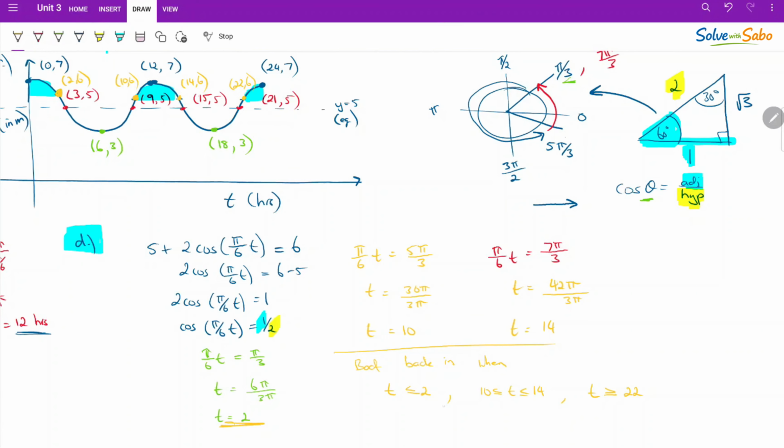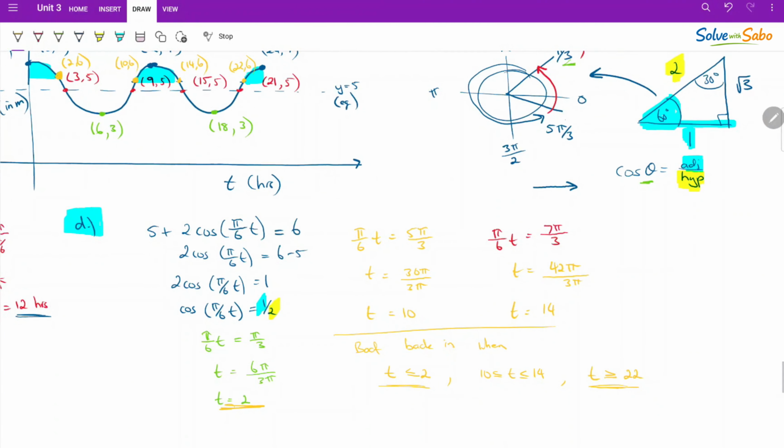Now, of course, the first one and the last one could be a little bit controversial, because as we know, our domain is limited from 0 to 24.